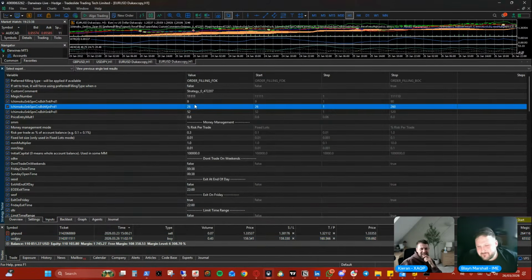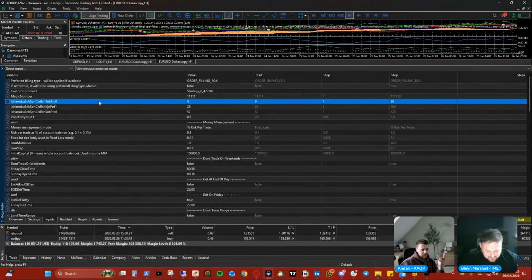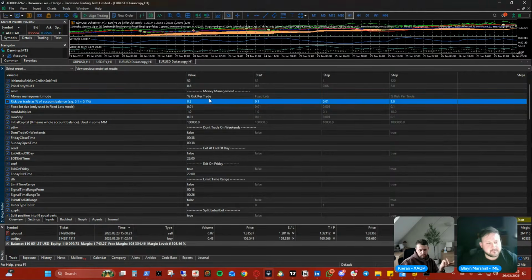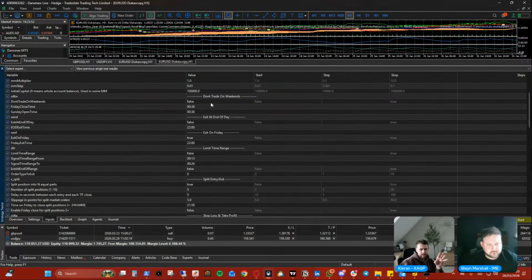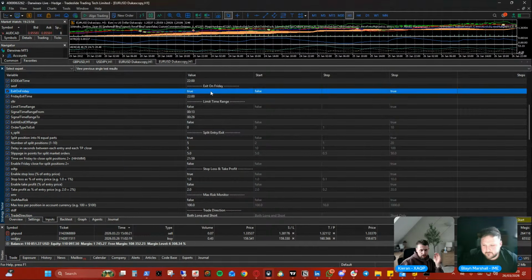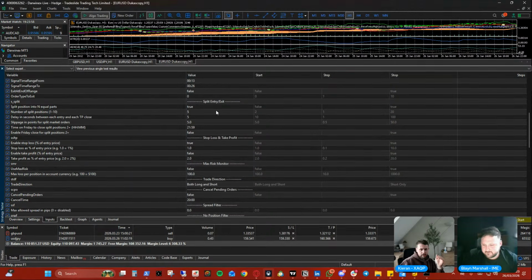So, like I say, it's a strategy built on Ichimoku Senkou span. Ain't got a clue what that means, but I've added in, for example, on Strategy Quant, I built it as fixed lots. I've now changed that to risk per trade, so I had to build this. I've added in, this is all from Strategy Quant, exits on Friday.